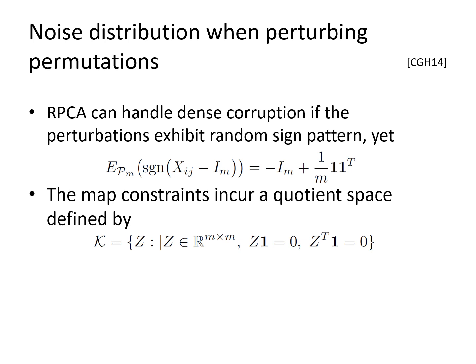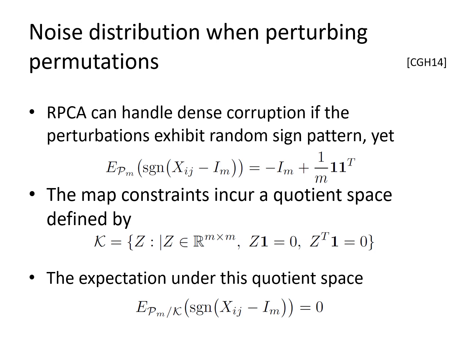Each block has to be a doubly stochastic matrix, and those map constraints include a quotient space defined by K, which collects all the matrices where the row sums and column sums are 0. In this quotient space, when you take the expectation again, the sign becomes random. This explains why permutation synchronization, by adding those additional constraints, is critical for achieving information theoretical optimal rates.